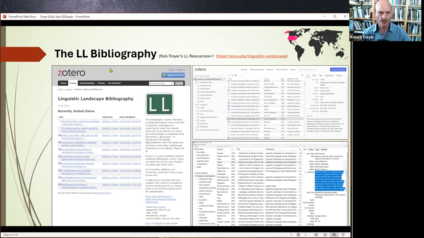Now it's hosted on Zotero. Dirk Gorter and I collaborate on it, so you can see the owner is Dirk Gorter. He admits new members, but I generally do most of the uploading of new resources. And the reason this is helpful to linguistic landscape scholars is that the term linguistic landscape means a lot of things.